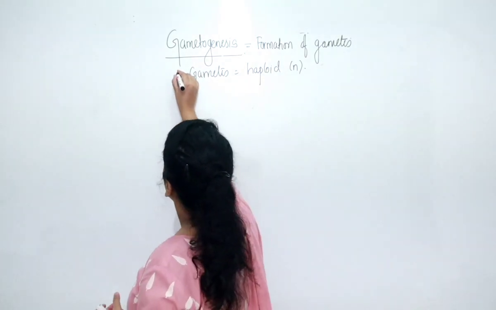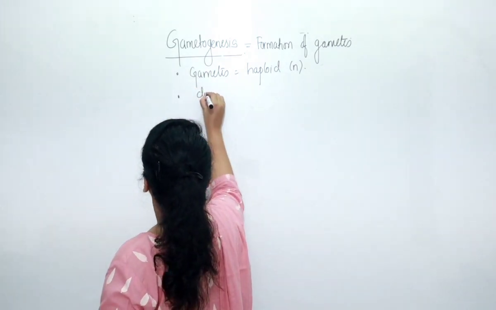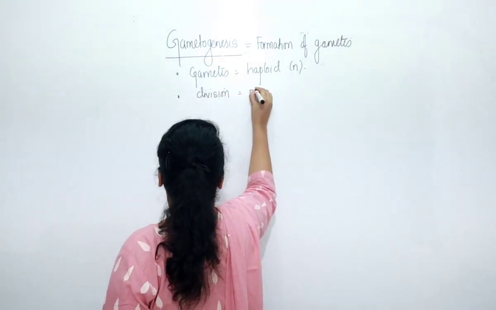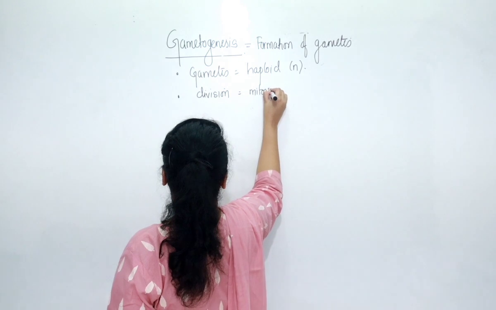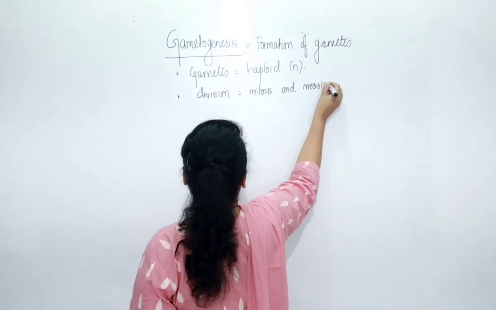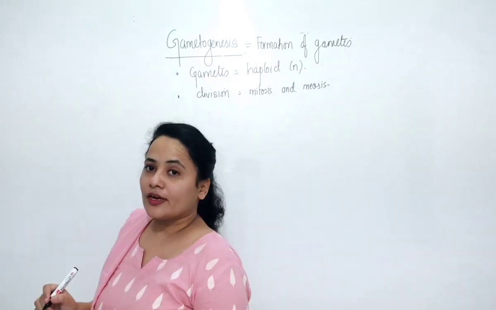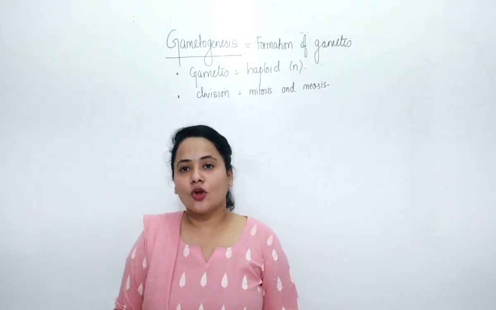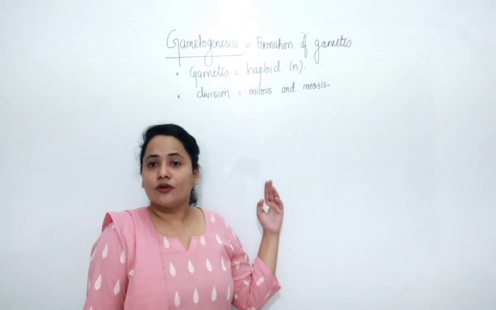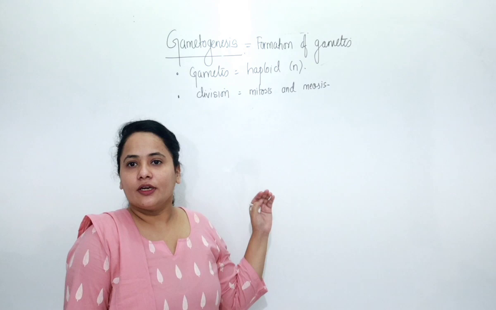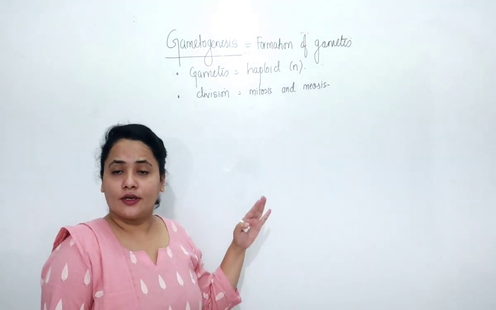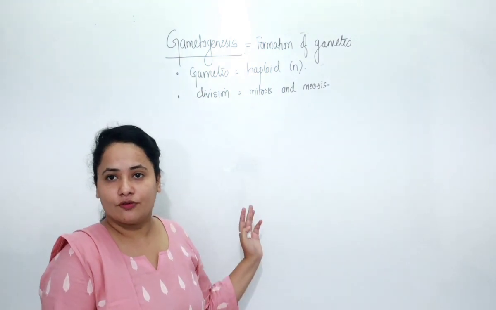And which divisions are involved over here? So two different kinds of division are involved, that is mitosis and meiosis. Mitosis we also call equational cell division, and meiosis we also call reductional division. Particularly when we talk about meiosis over here, it can also be called maturation division.